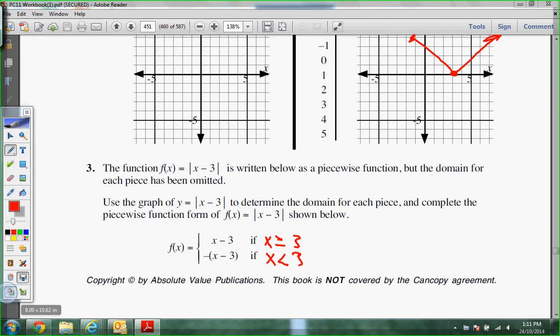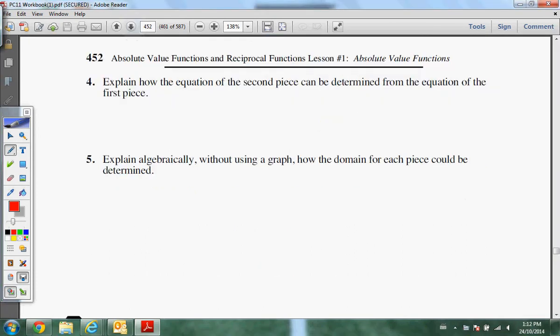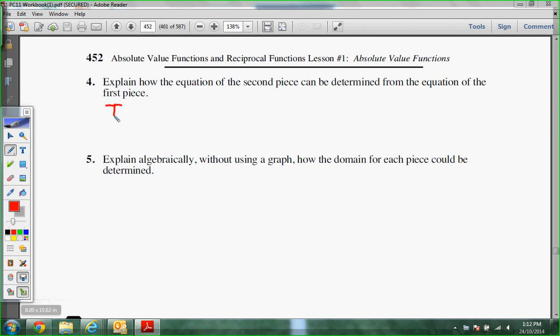All right, last page. Okay, explain how the equation of the second piece can be determined from the equation of the first piece. Yeah, this would be the opposite.